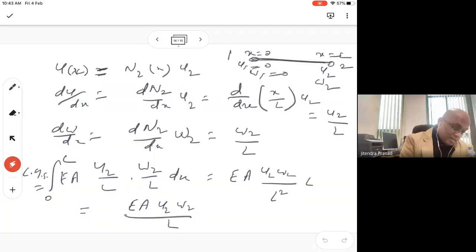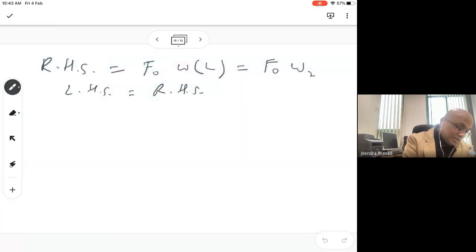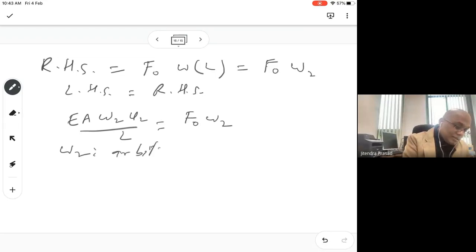EA u2 w2 over L is equal to F naught w2. Again w2 is arbitrary; we can impose that w2 is not equal to 0.